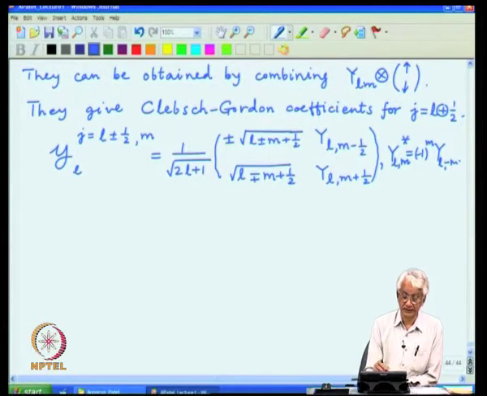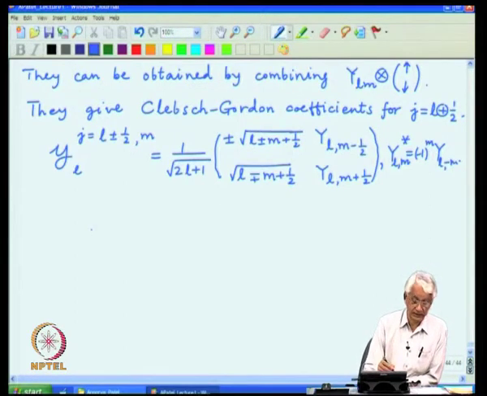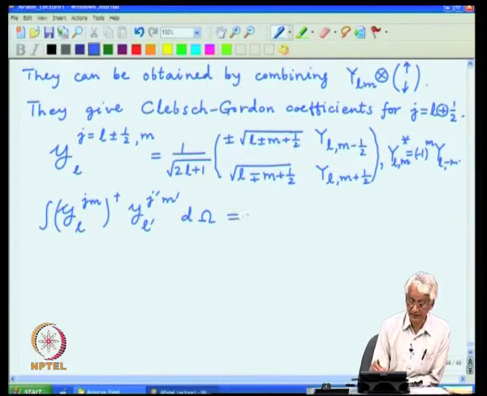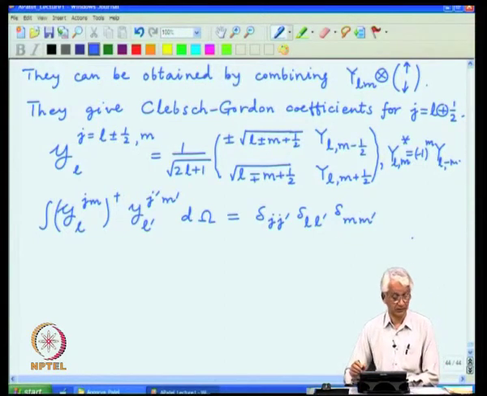So, these are the wave functions which we would like to use to write the eigenstates of the J operator which we want, and these various Clebsch-Gordon coefficients are determined so as to have the identical normalization condition which is used for spherical harmonics, and that in this particular language becomes this overlap integral, and that gives Kronecker delta in all the different indices.